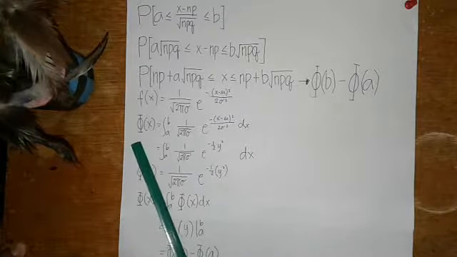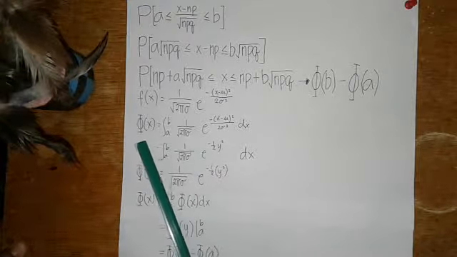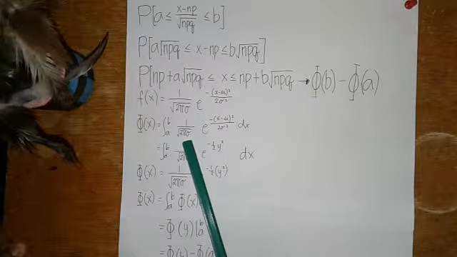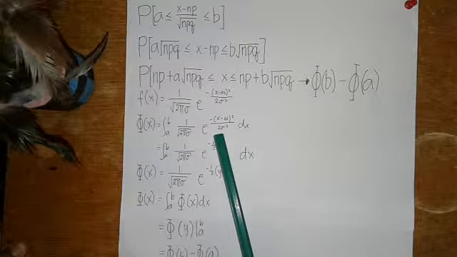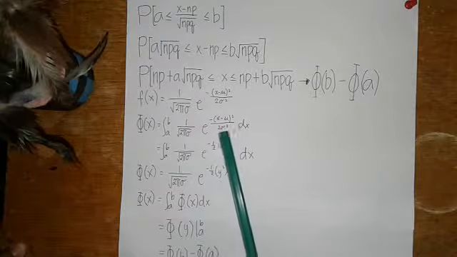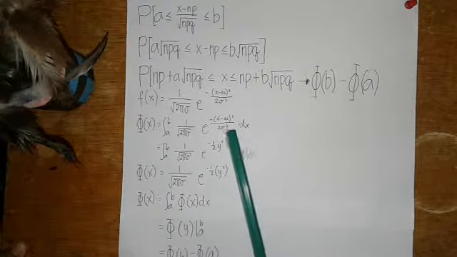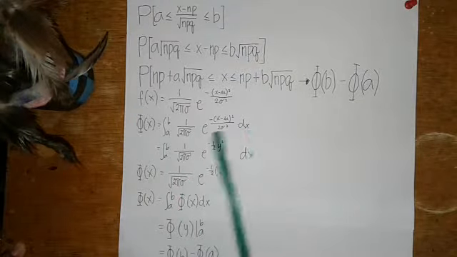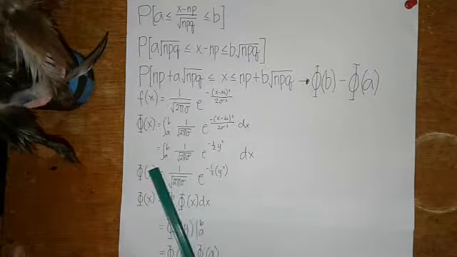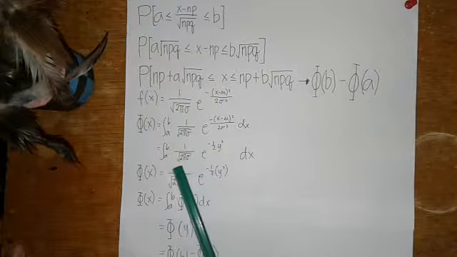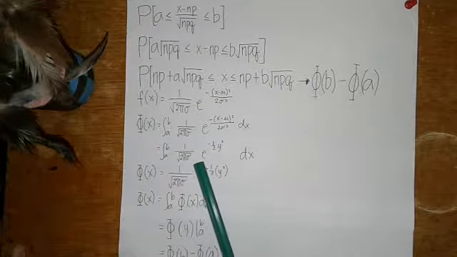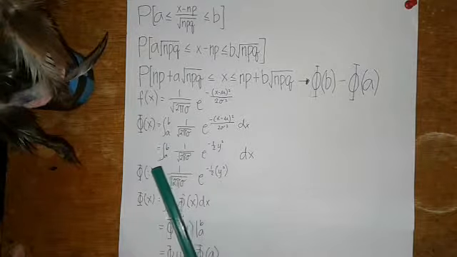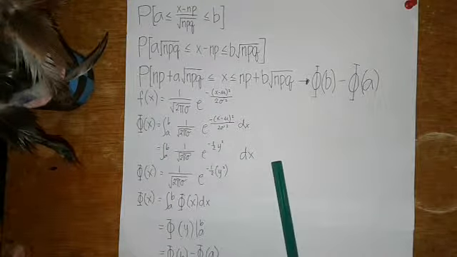So we have phi of x is equal to the integral of 1 over square root of 2 pi sigma times e to the power of negative (x minus mu) quantity squared all over 2 sigma squared, evaluated from a to b dx. So we have the integral of 1 over square root of 2 pi sigma times e to the power of negative 1/2 y squared evaluated from a to b dx.